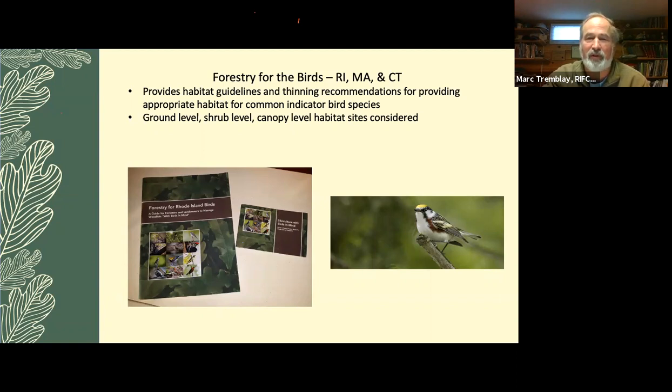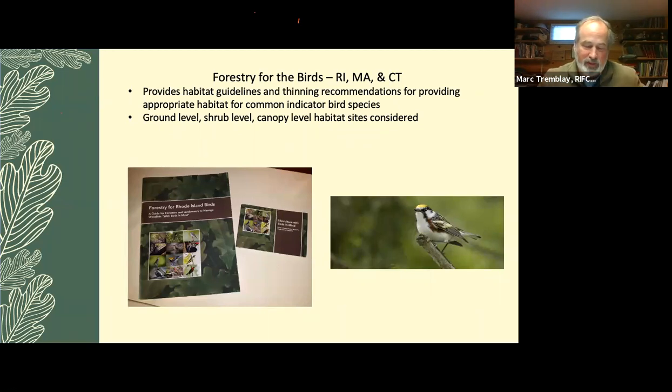There are programs in each of the 3 Southern New England states, and there are others around the country, New England particularly. What I've got here on the screen is a picture of the desktop guide on the left and the little pocket guide on the right side of the manual, the guidebook that has been developed for the Rhode Island program, but there are similar publications for Mass and Connecticut.